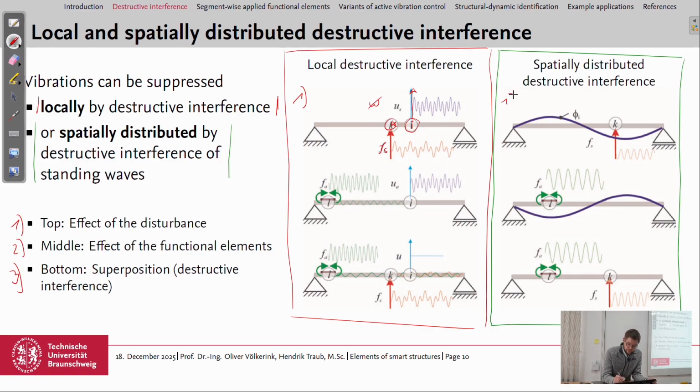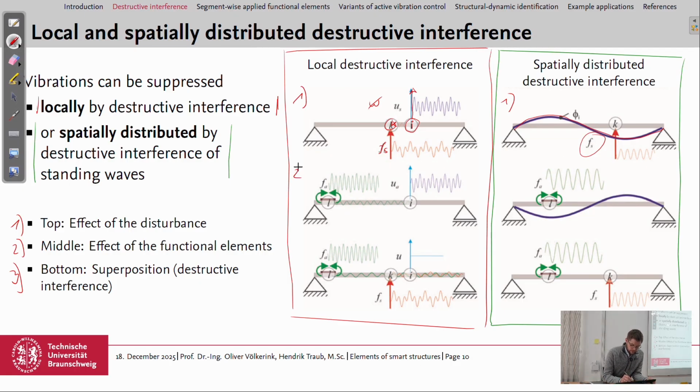Similar to this, if we look at a modal suppression, we would, for example, excite an eigenmode like the second eigenmode here with this excitation F_s again.